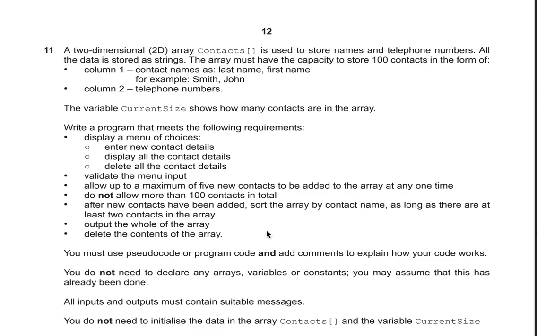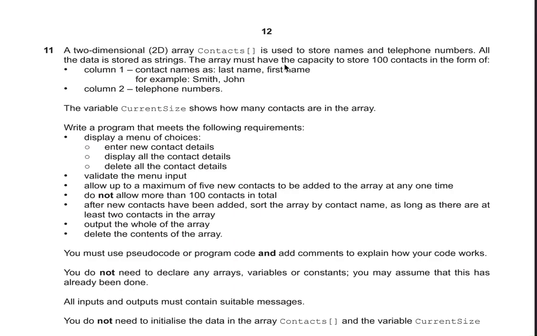And the second thing is to read it a few times and mouth it out quietly to yourself. So that's what we'll do first of all. A two-dimensional 2D array contacts is used to store names and telephone numbers. All the data is stored as strings.